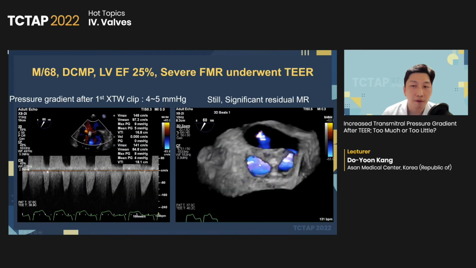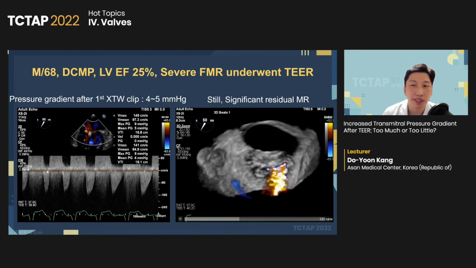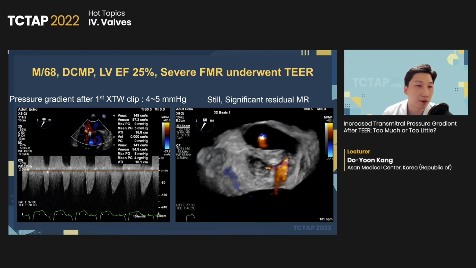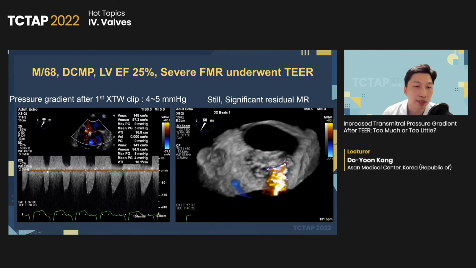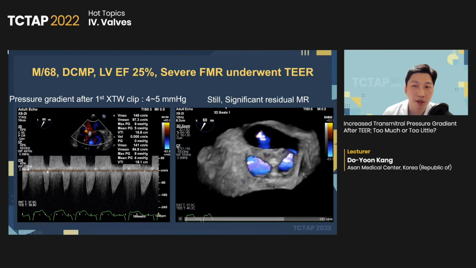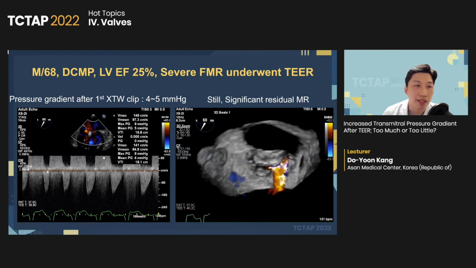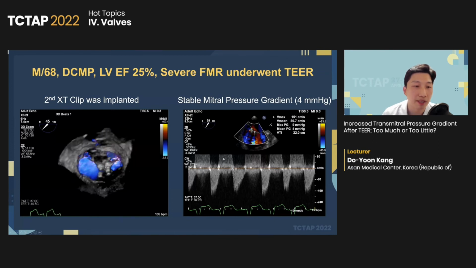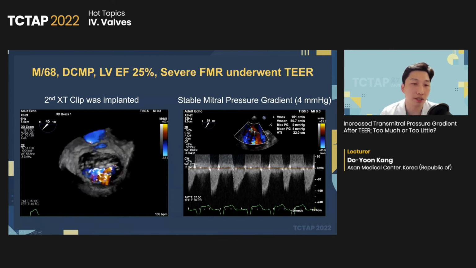After putting in the first clip, there was still significant residual MR, but the pressure gradient after the first XTW clip was 4 to 5 millimeters of mercury. It was a little bit higher, but because there was still significant MR, we added one more clip with XT, and the mitral pressure gradient was stable even after 2 clips were implanted, and the residual MR was mild.